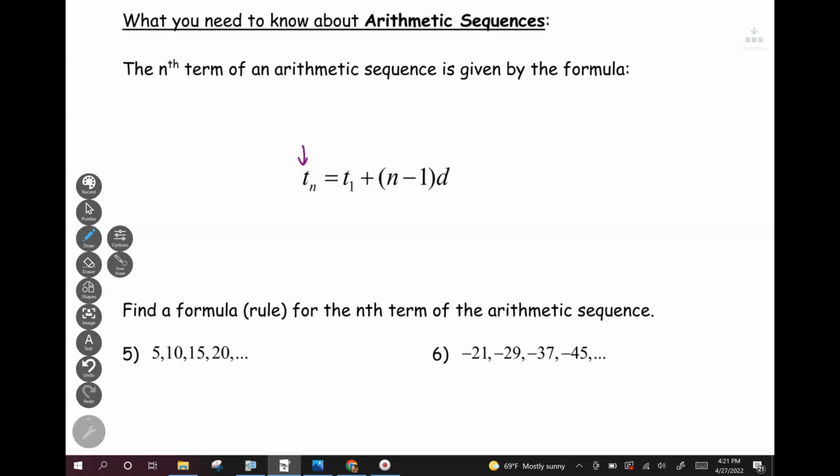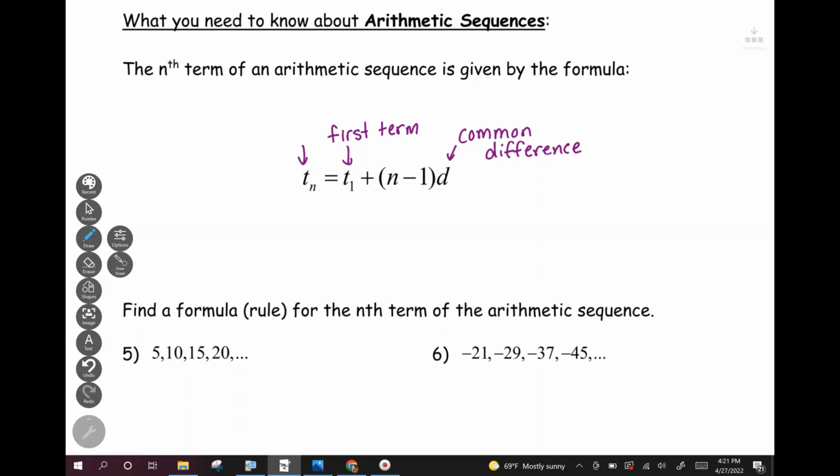That's going to stay like that. This is your first term, because it has a little 1. That means it's the first term in the sequence. And then, of course, our d is our common difference.